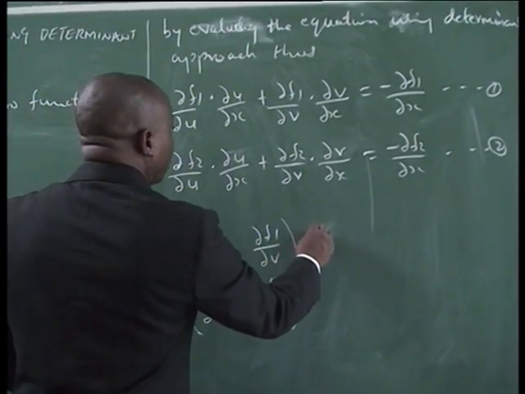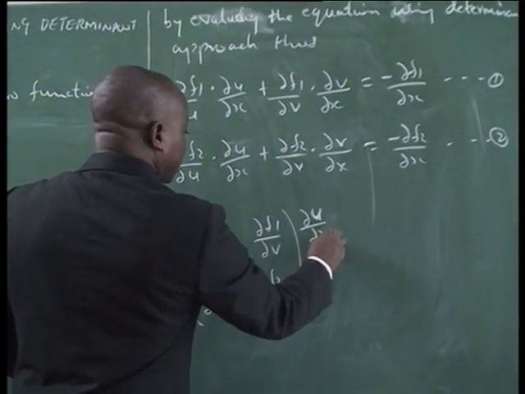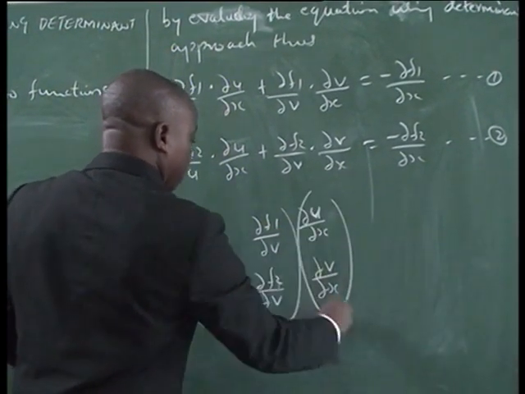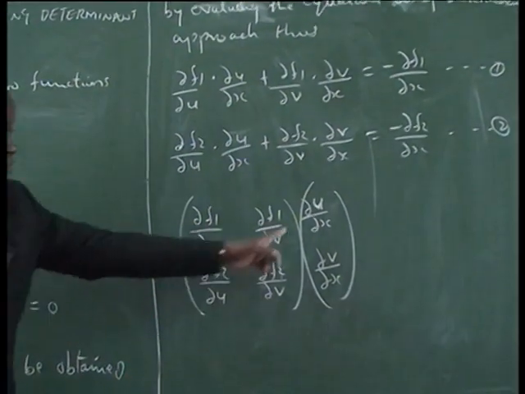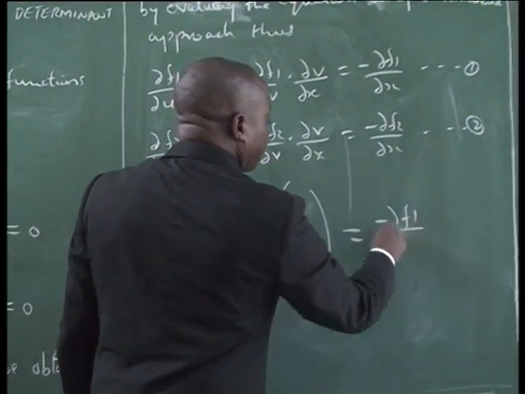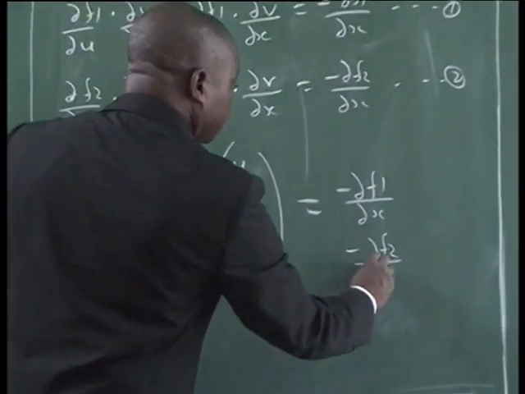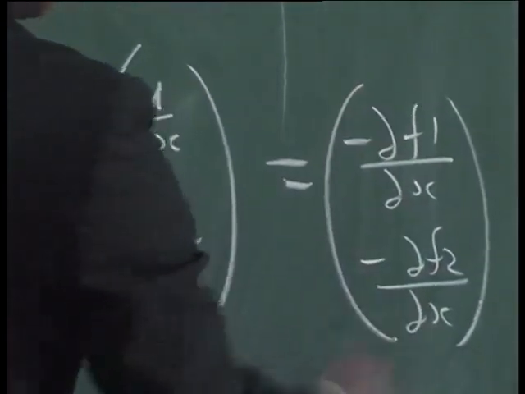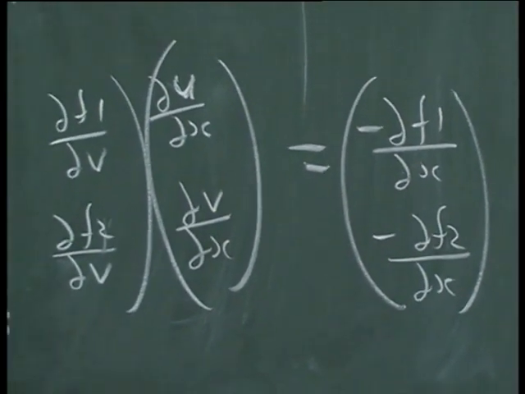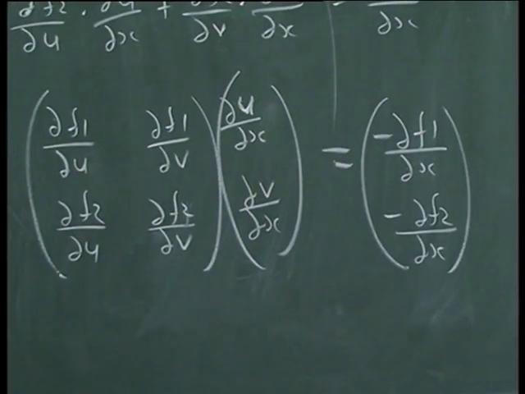Then we are solving for partial u partial x and partial v partial x, which will be equal to minus partial f1 partial x, minus partial f2 partial x. So if you know determinants, matrix using Cramer's rule, you know that we can define this equation like this.